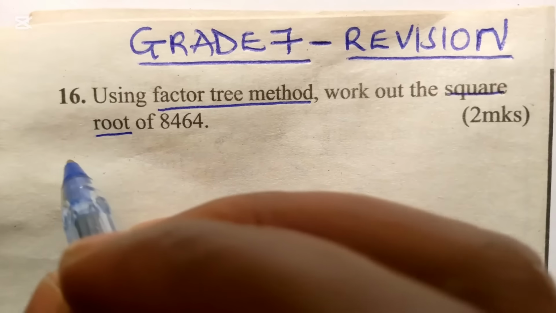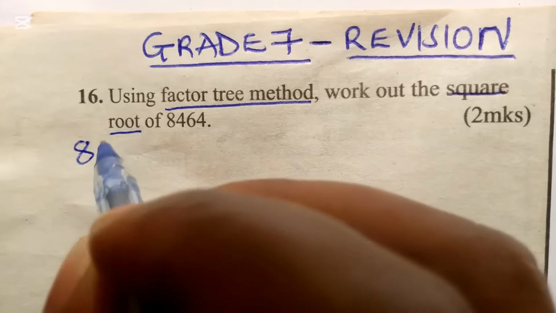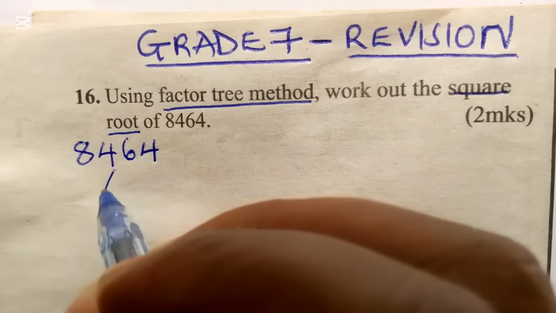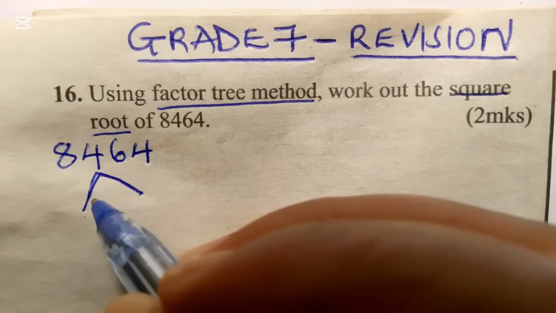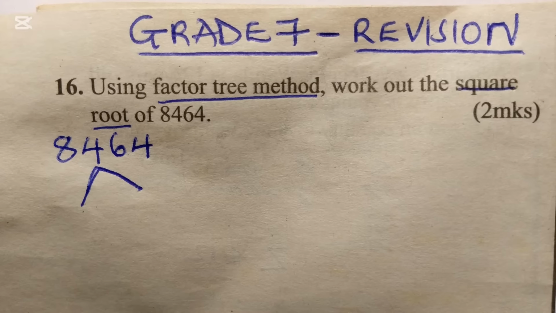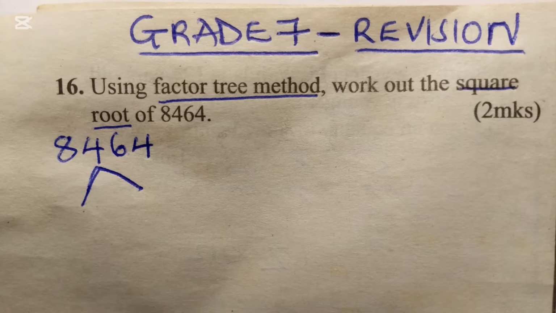We have the number 8,464. So we are going to use the factor tree method, whereby we are going to use prime numbers in that factor tree method.